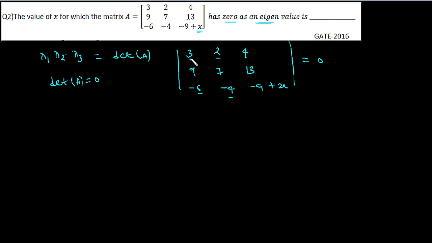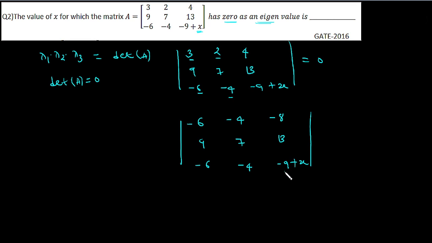First, let's multiply row 1 with minus 2. So we get minus 6, minus 4, and minus 8. The second row remains as it is, 9, 7, 13. The third row also remains as it is, minus 6, minus 4, minus 9 plus x. Now this entry is exactly the same as this one, and this is also exactly the same as this.